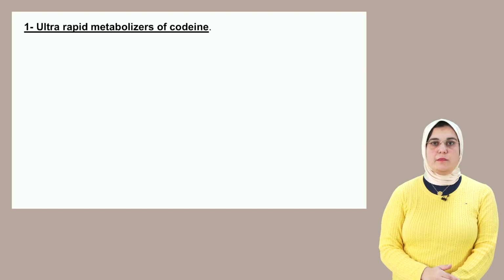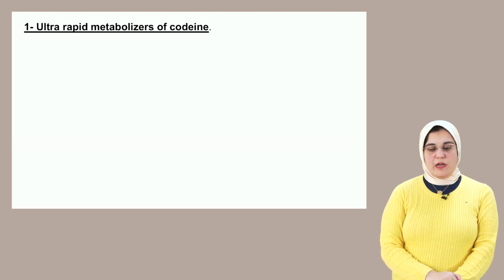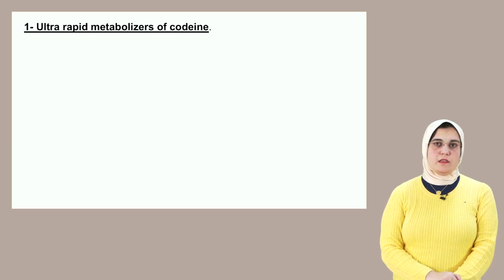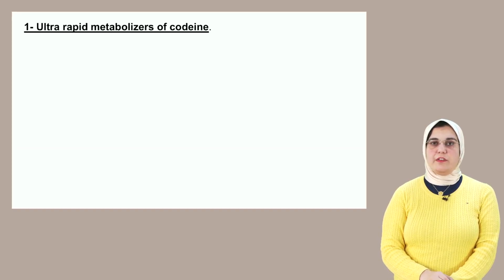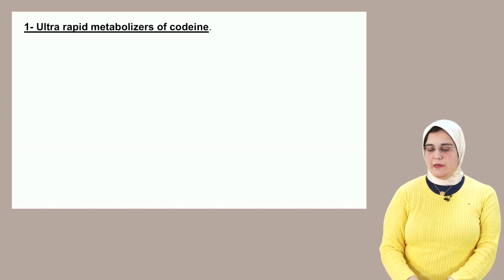So ultra-rapid means the most rapid or the highest speed. Metabolizers means the molecules that metabolize the drugs. What is the drug in this case? It's codeine. So now we understand these metabolizers are working very, very fast to break down codeine.